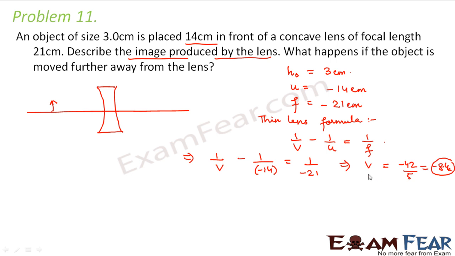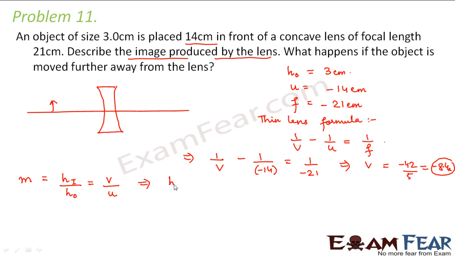So this would be the location of the image. This is where the image will be formed. But we need to describe the nature of the image as well, for which we need to calculate the magnification. Magnification is nothing but height of the image by height of the object, and it is also equal to the image distance by object distance.